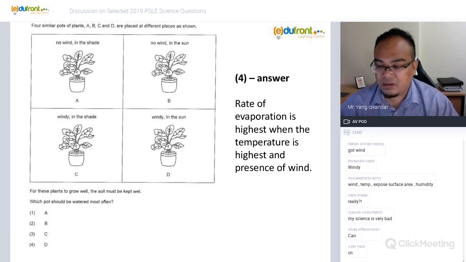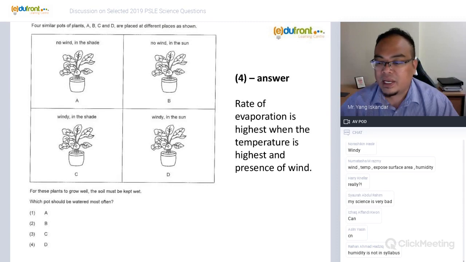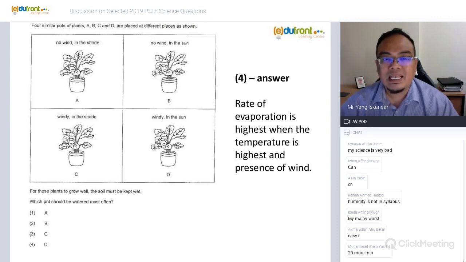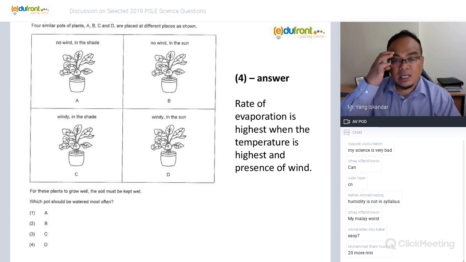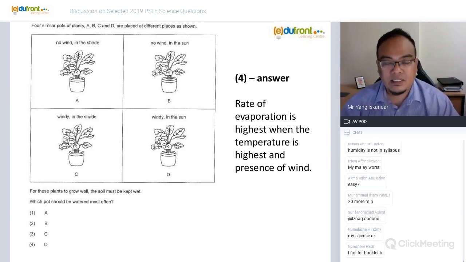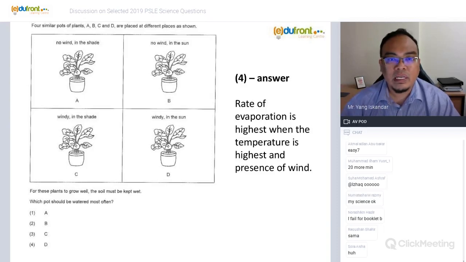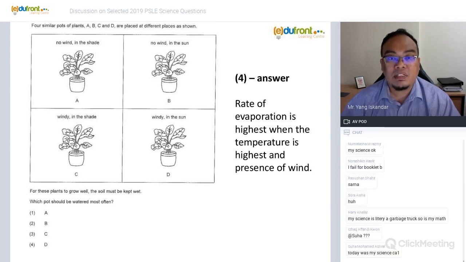Science very bad? Okay, no problem. I mean, you have to make an effort, right? So science, yes, it's not easy to score A star, but it is easy to pass. Unlike maths, some of you are struggling even to pass. But for science, if you get good marks for your MCQ, you can pass, because MCQ is 56 marks.